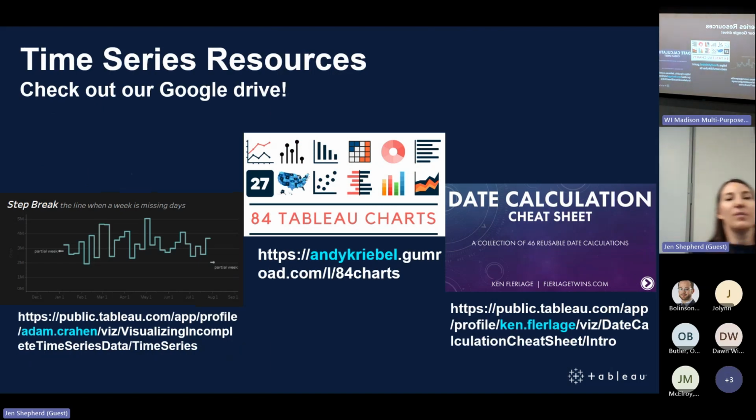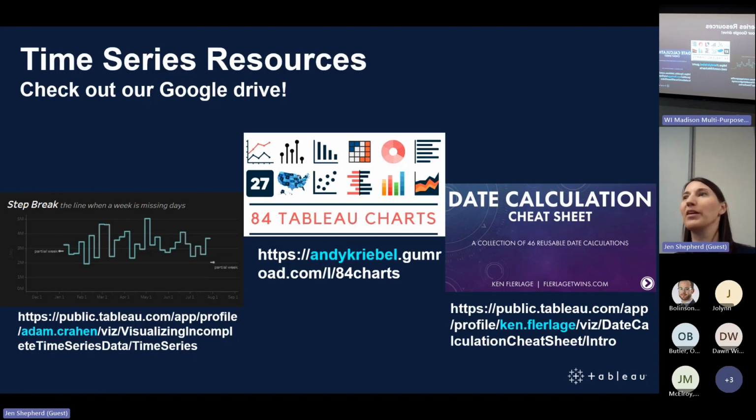And then last thing I just wanted to mention is we will, as I said, share these slides. There's a lot of resources out there related to time series. One I found really helpful, Andy has the 84 charts. We're giving away some of those, but Adam Crayon also put out a resource that talks about what to do when your data is incomplete. And he's got several examples and walks through how to do those. There are several date calculation cheat sheets.